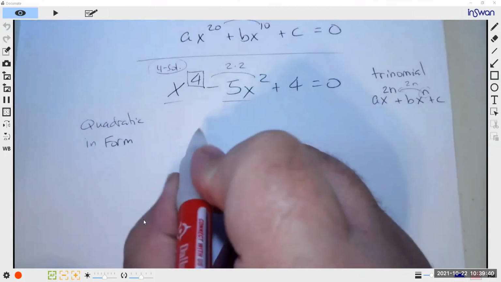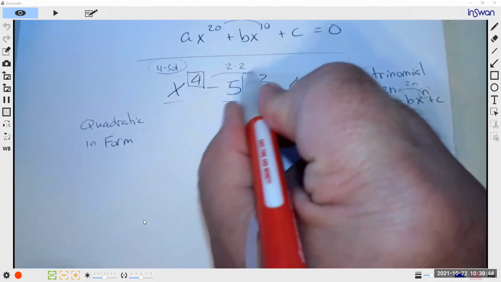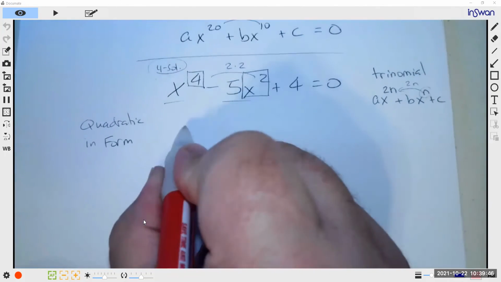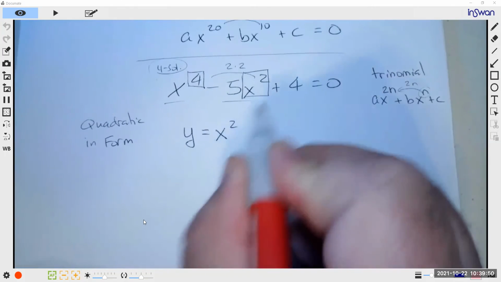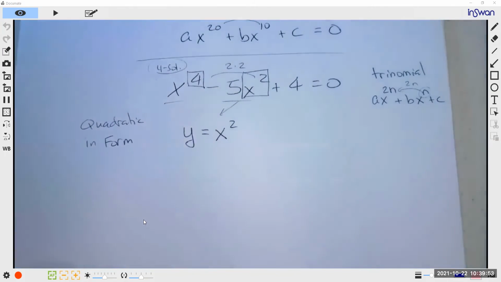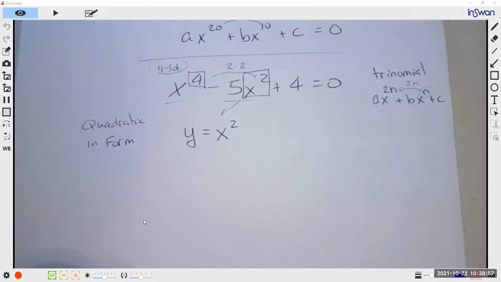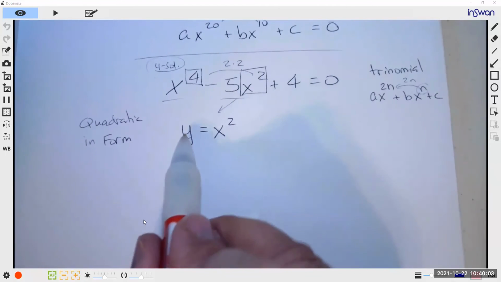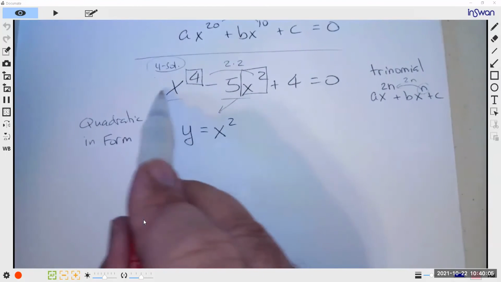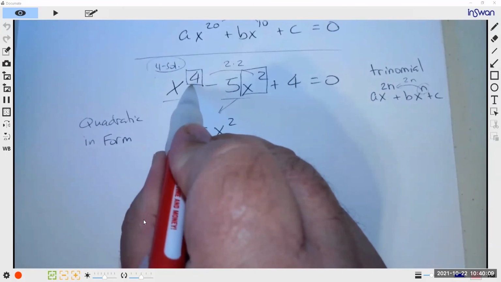The way you do this, whatever this middle term is, let's say y equals x squared. The middle term is pretty important. That's what you're solving for. So y equals x squared. Now, using this, I can rewrite the equation. What is x to the 4th?